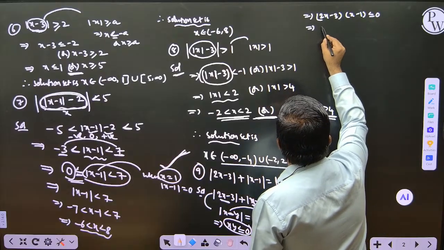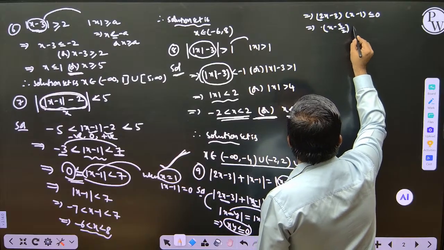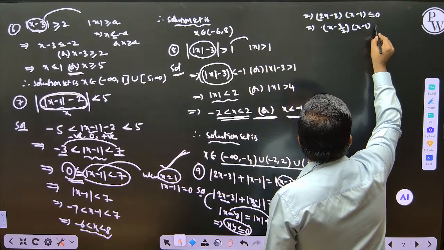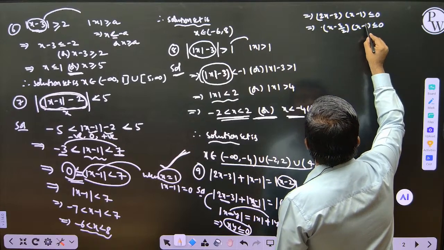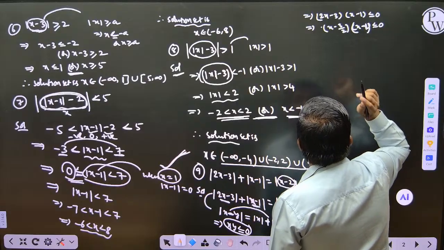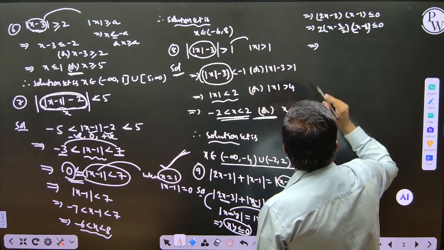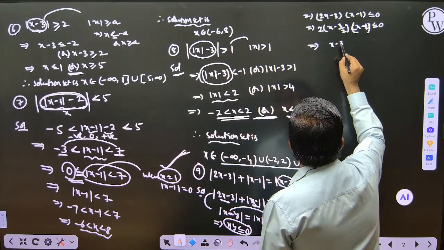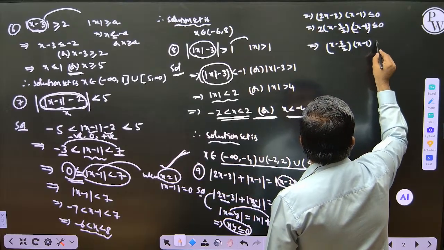Taking 2 common from here, x minus 3 by 2 into x minus 1 is less than or equal to 0.